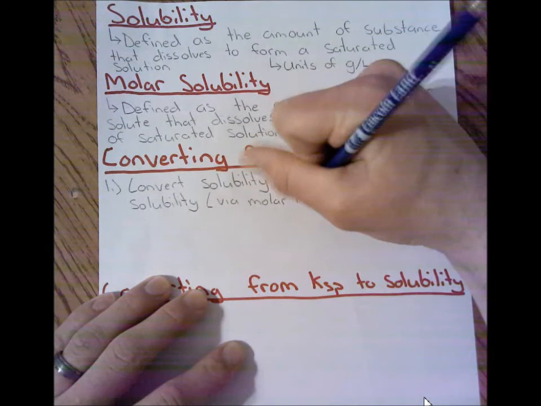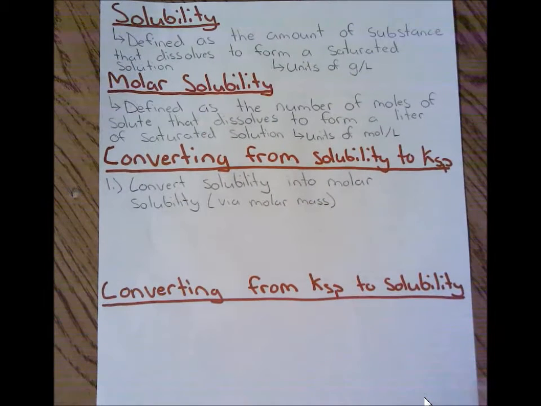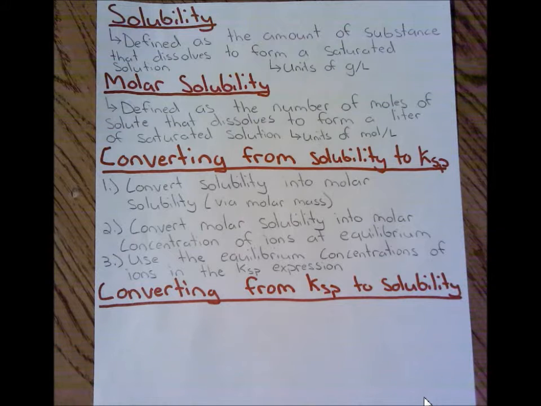The second step is to convert molar solubility into the molar concentration of ions at equilibrium. We're going to have to use a little stoichiometry on step 2. The third step is to use the equilibrium concentration of ions in the KSP expression. That's where we plug our values into the KSP expression that we've already established and solve for KSP.